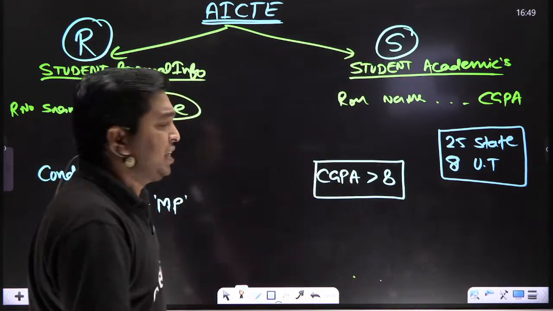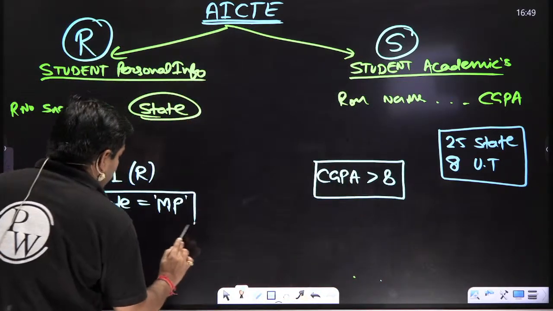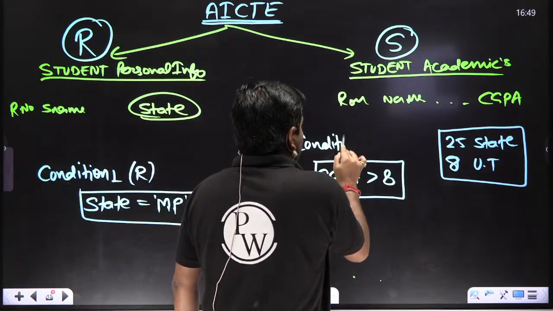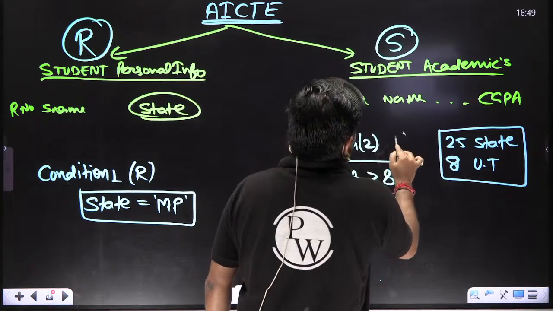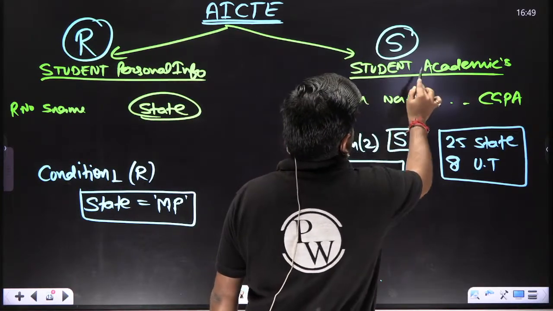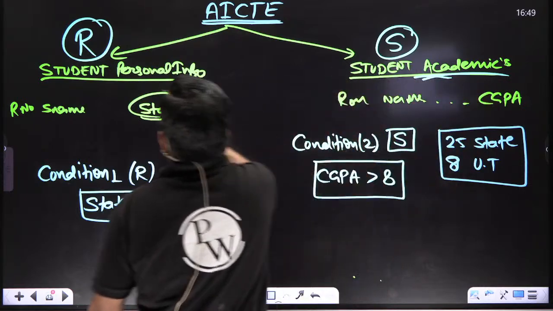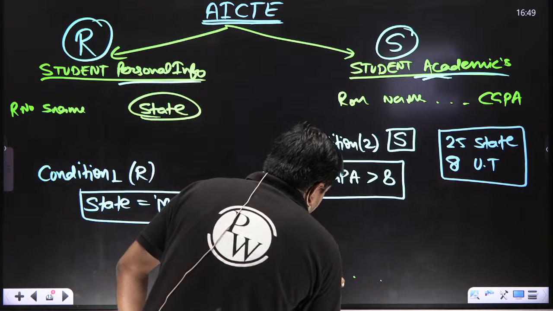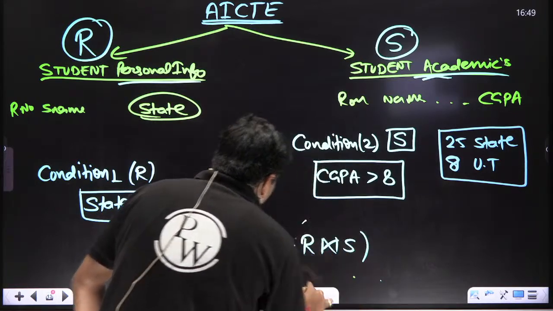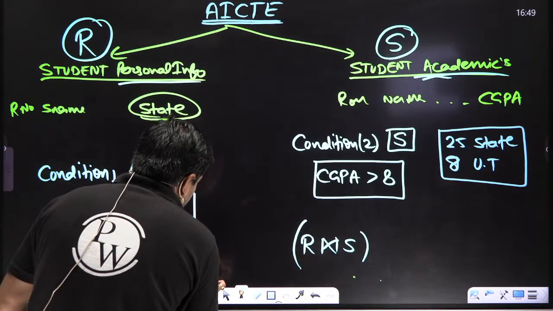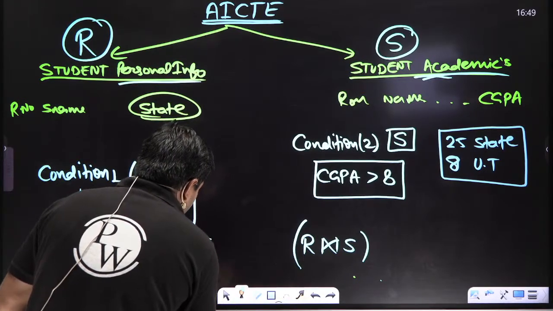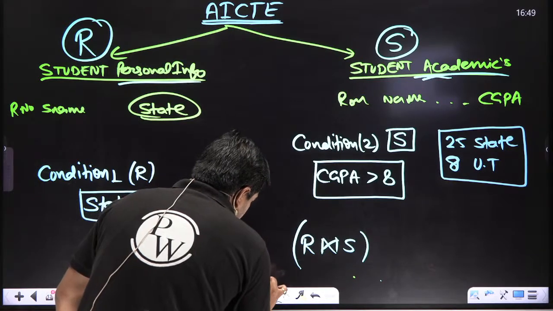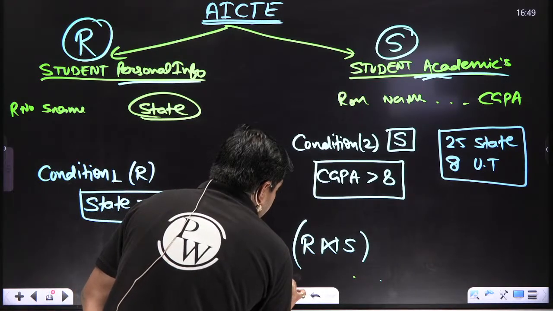Now think practically, my dear. Condition 2 is applied on the S table, the student academic information, while this is the personal information. Now you tell me: first you join, then apply the condition state equal to MP and CGPA greater than 8.